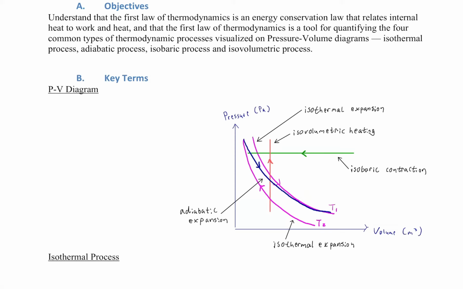But the reason I drew a second isothermal process in is to show this blue line here, because this blue line represents adiabatic expansion, okay? And the idea with adiabatic expansion is that the substance is expanding in an adiabatic way. That word isn't so obvious, right? What does adiabatic mean?